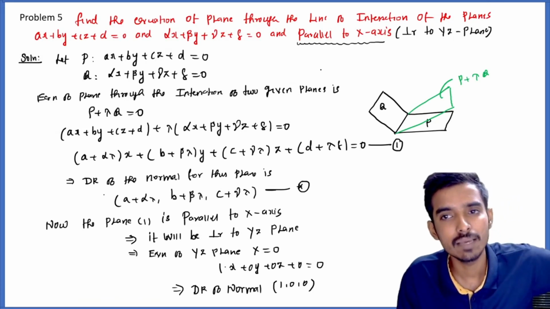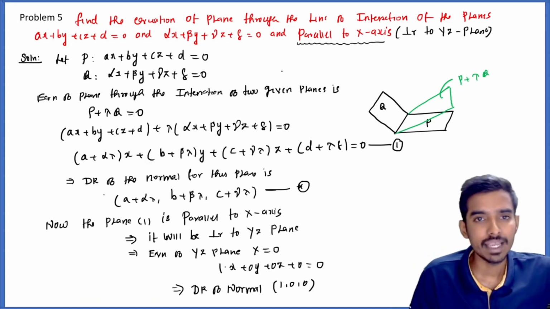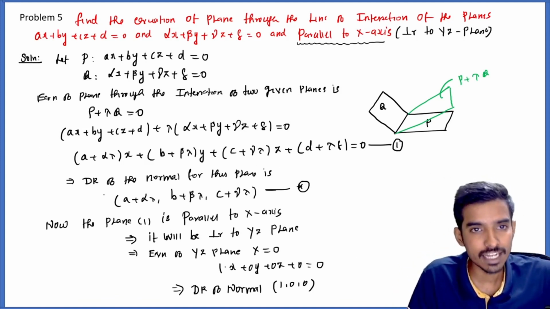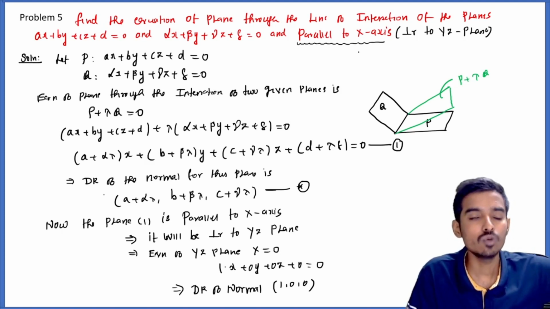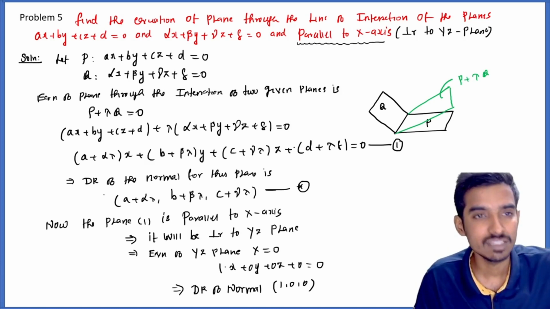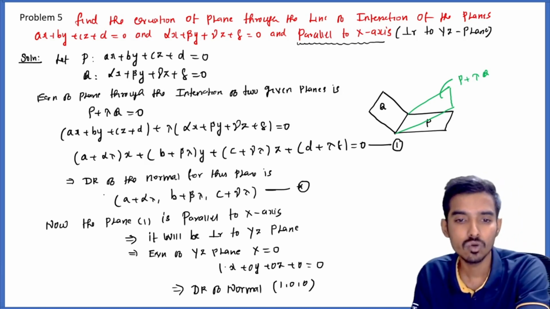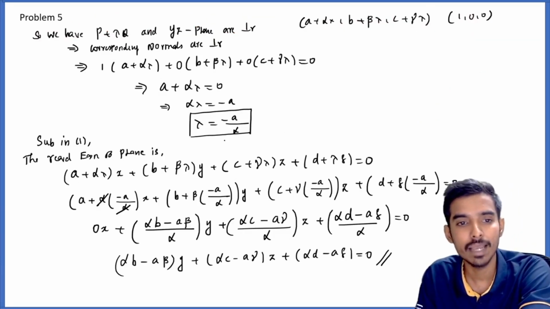Parallel to x-axis is same as perpendicular to yz plane. So you find the direction ratios of the normal for p plus lambda q, find the direction ratios of yz plane, and make use of a1 a2 plus b1 b2 plus c1 c2 is equal to 0. So you will have lambda equal to minus a by alpha.